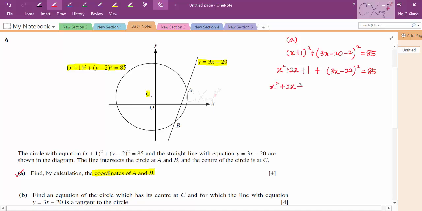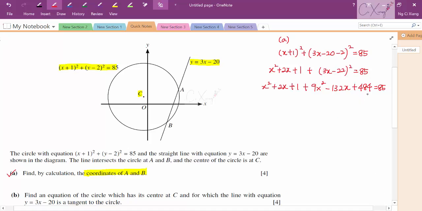Again, I further expand the second bracket with the square. So I'm having x squared plus 2x plus 1. When I expand this, I will have 9x squared minus 132x, and also plus 484, which is equal to 85. So from here, we can see that it is a quadratic equation in terms of x.